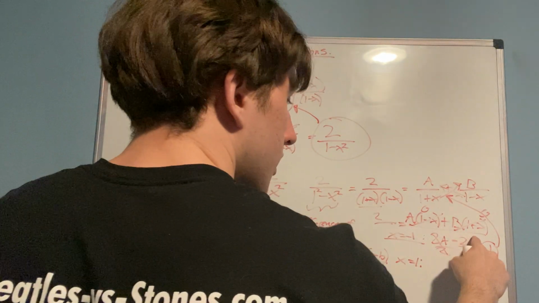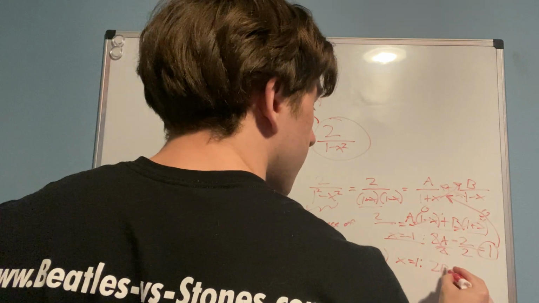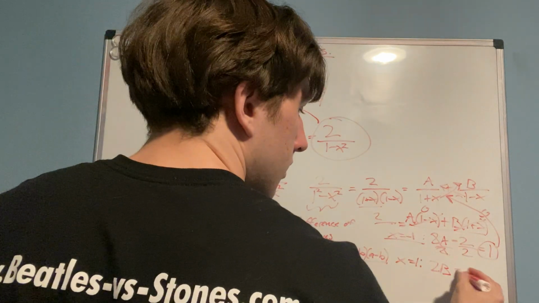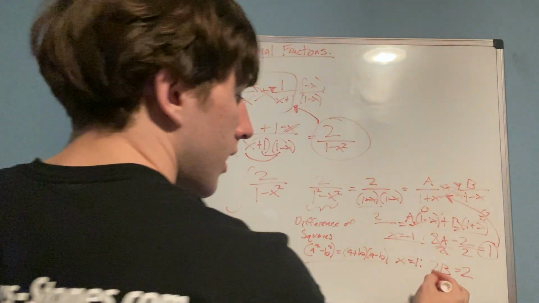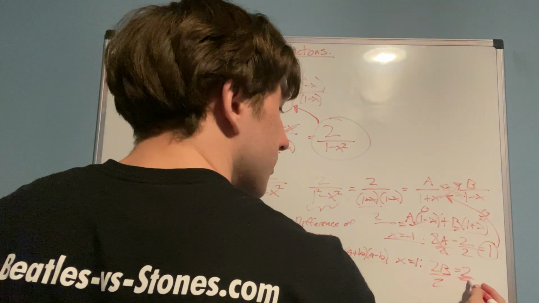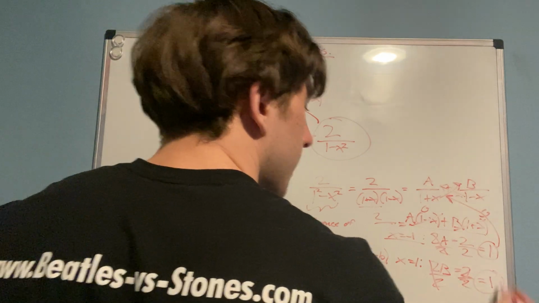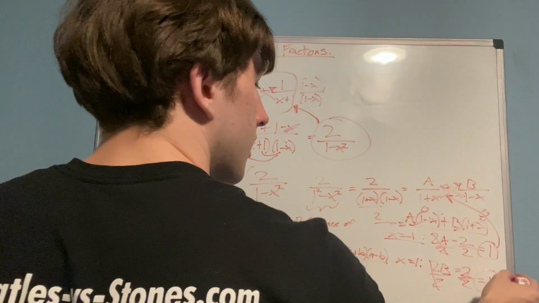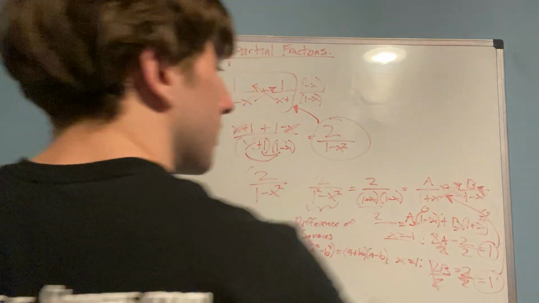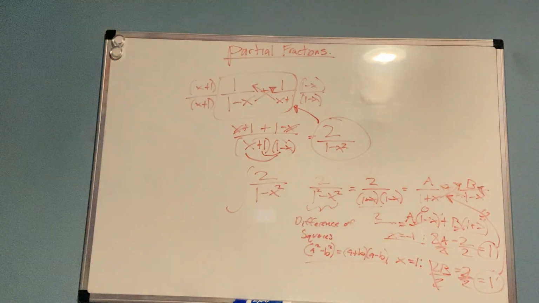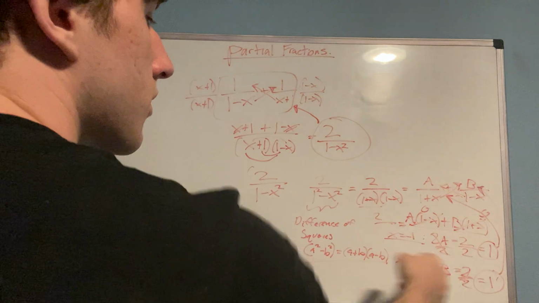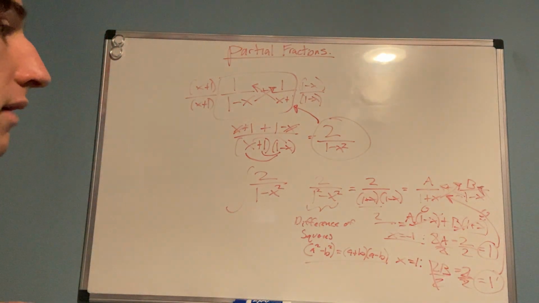So we would have 2b equals 2. Okay? And we divide by 2 here, and that would just equal 1 again. So you just plug in 1 for your b. Okay? So now we have both the numbers used for a and b.